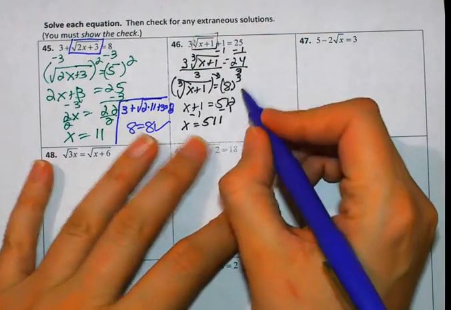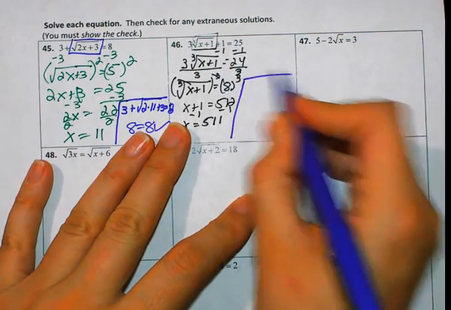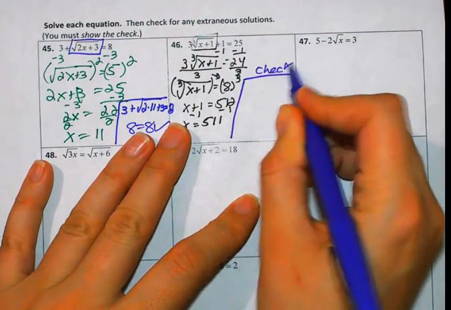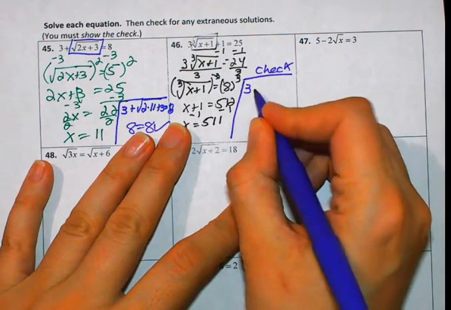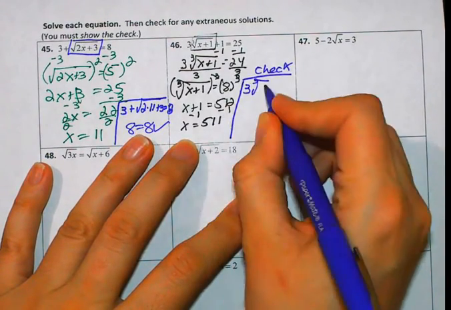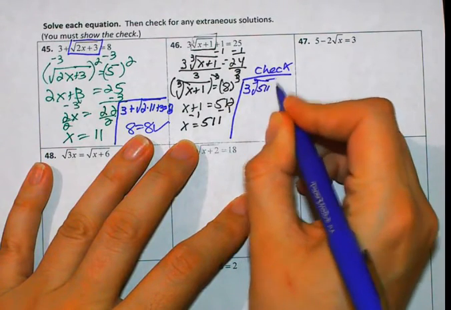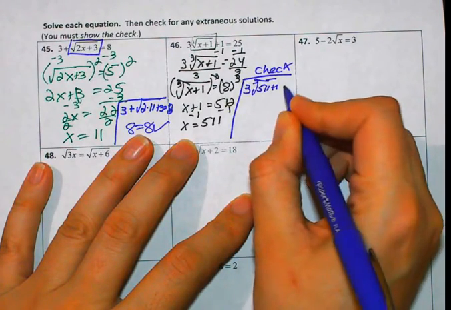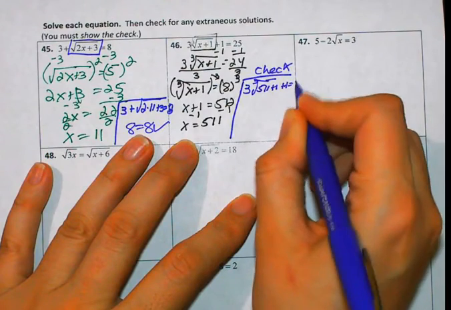So we're going to plug it back into our original equation. This is our check. So 3 cube root of x, which we found was 511, plus 1 equals 25.